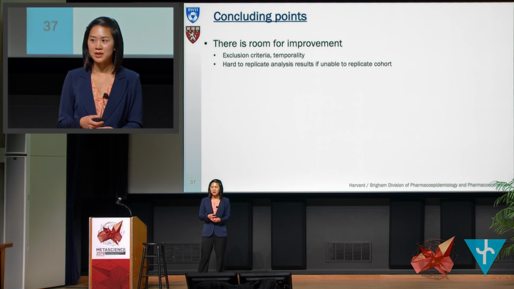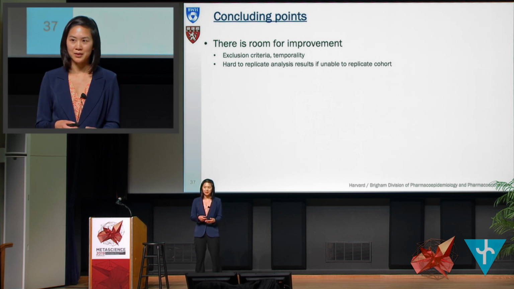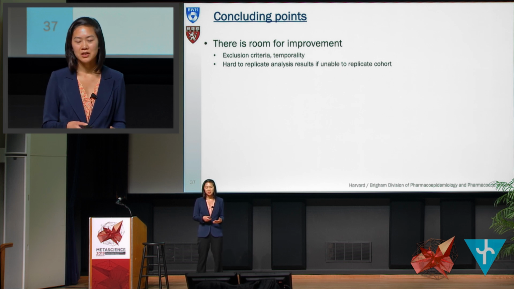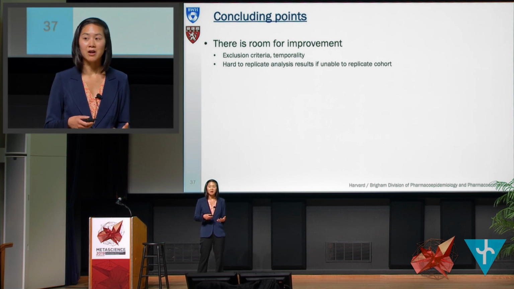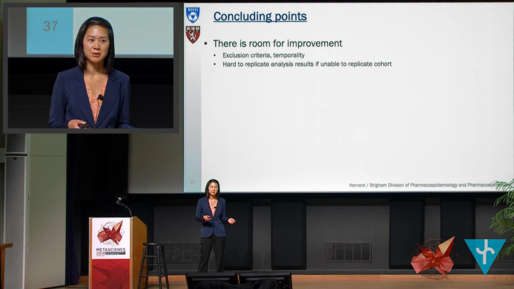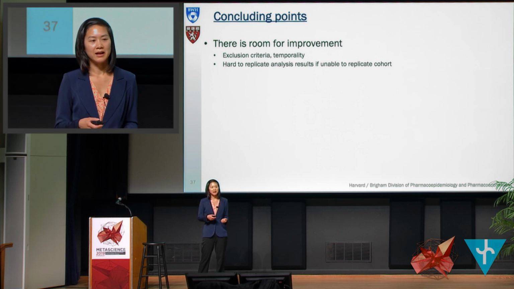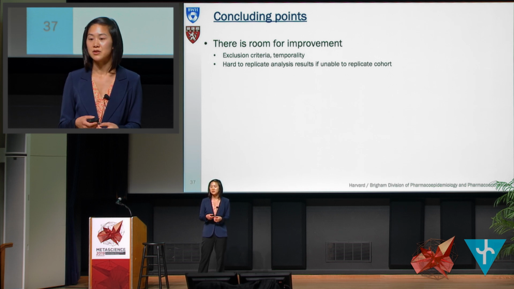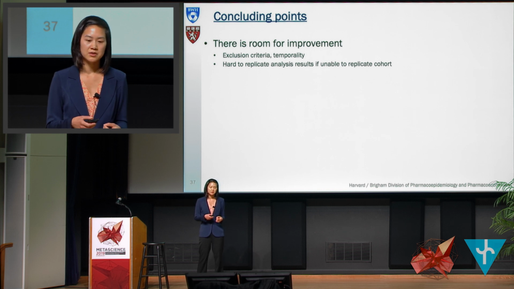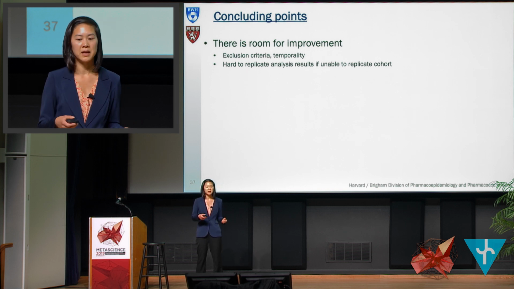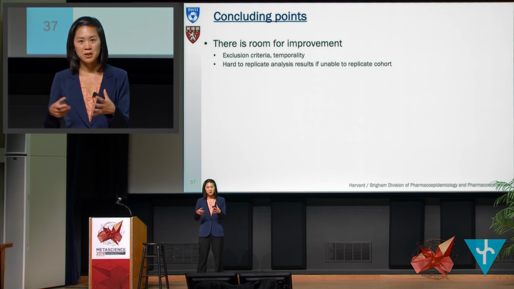So, some concluding points. There is room for improvement, but I think we have some ideas about how we can get there. In particular, exclusion criteria is one area where we're often underreporting. It's just mentioned in passing without any clear definitions of how you get to your study population. Temporality is another big area where details are sparse, particularly the window for outcome ascertainment, because often they provide the outcome codes.